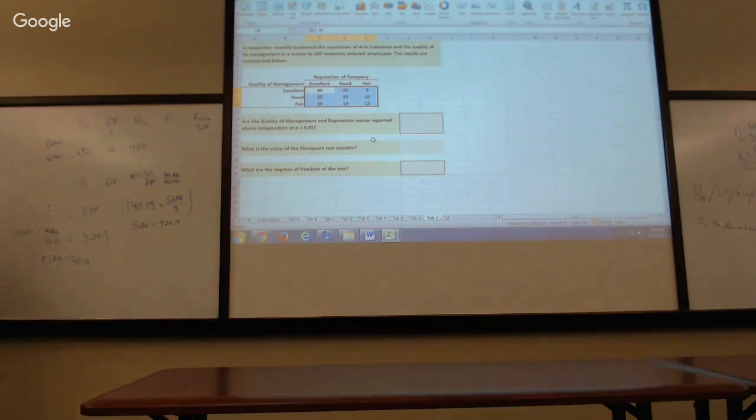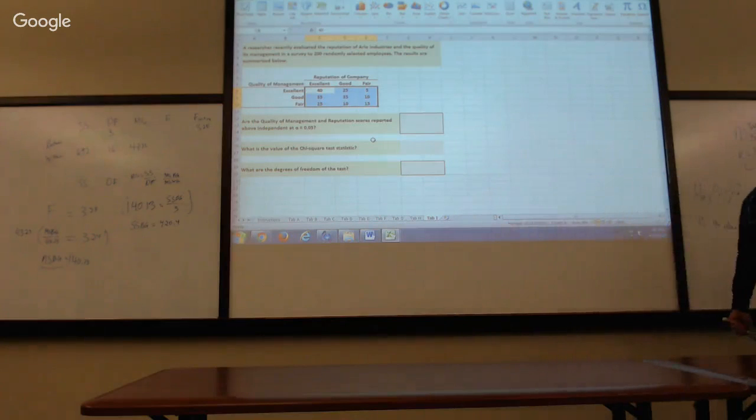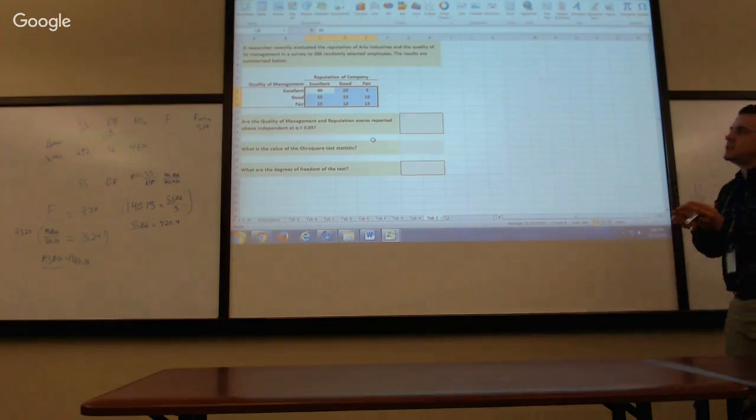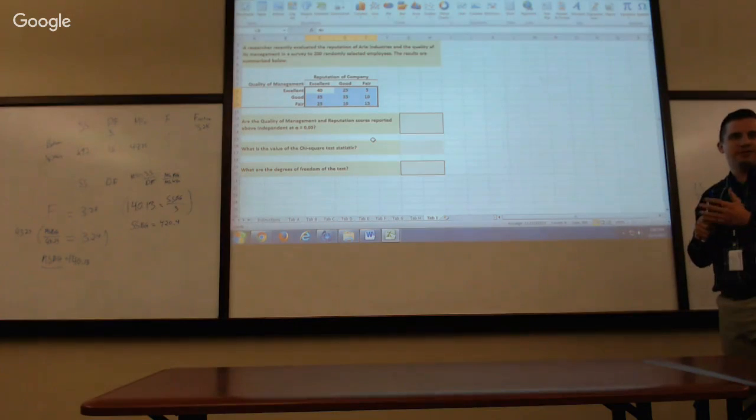If we reject that null hypothesis, that means that a manager's quality is not independent, it is dependent upon the manager's reputation. So there's a dependency across the reputations, meaning that across all reputations, all qualities are not equal. Average quality is not equal.